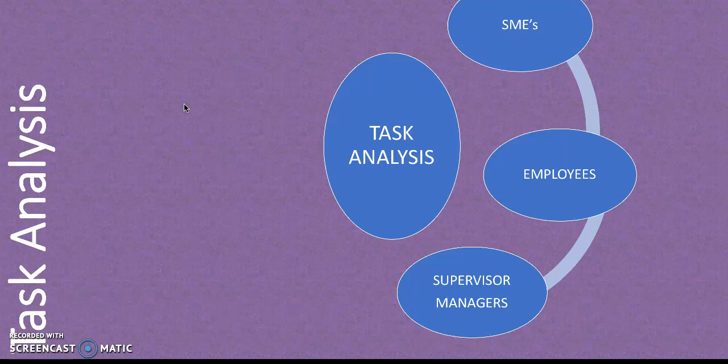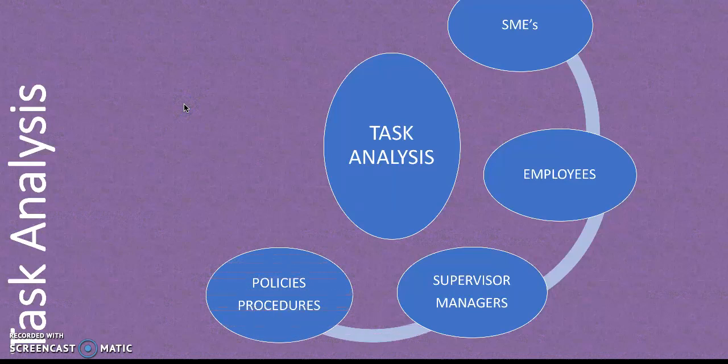Supervisors and managers, they don't necessarily know from start to finish how the job is conducted. They are results driven for the overall success of the organization. Policies and procedures are either handwritten, verbally expressed, or computer-generated historical documentation of the manner of the steps to be followed to ensure the success of the organization.